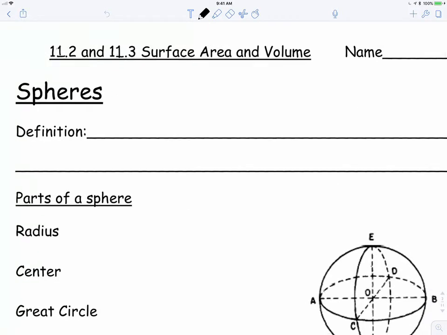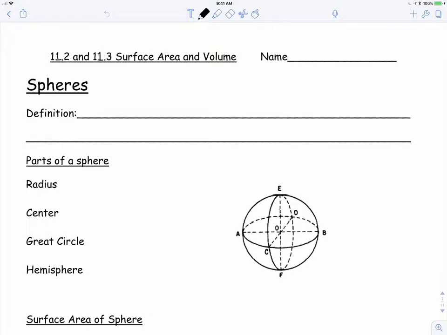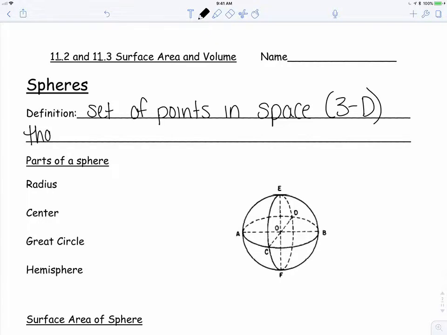All right, let's start with the definition of a sphere. So a sphere is simply a set of points in space, meaning 3D, that are equidistant from a center point.